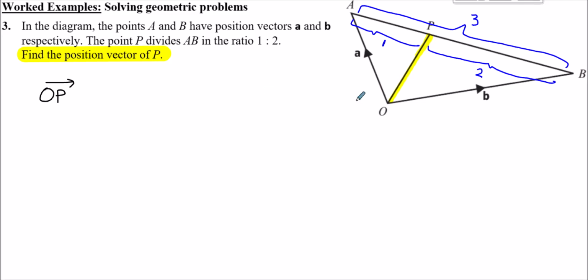So how can we get from O to P? Okay, well I'm going to show you actually 2 ways of doing this. Okay, one thing we could do is we could go from O to A. So from O to A is this vector here.